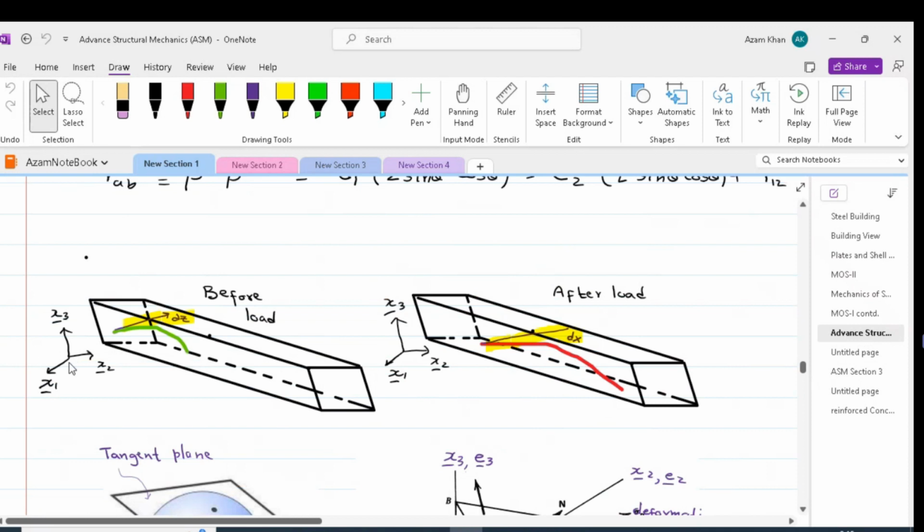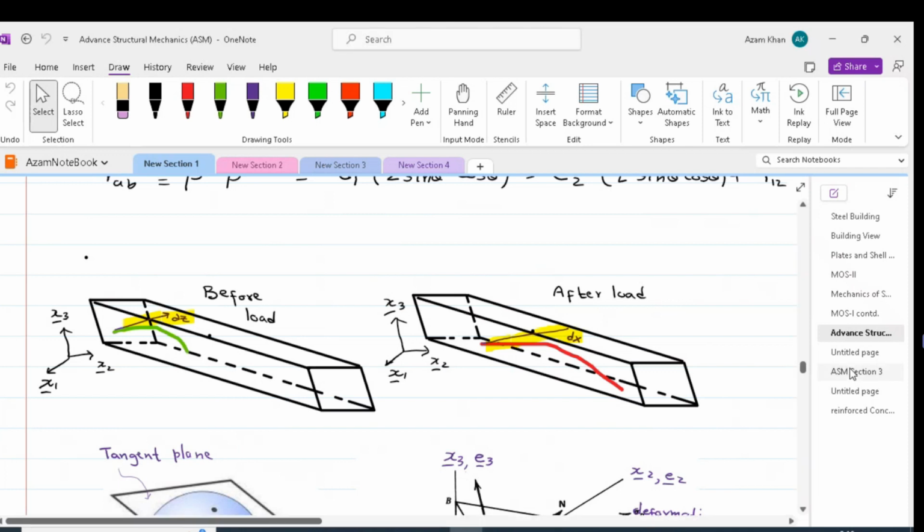So we have x1 over here. We have a unit normal E1. In this direction, we have E2, and in this direction, we have E3. The coordinates of E1 would be 1, 0, 0.